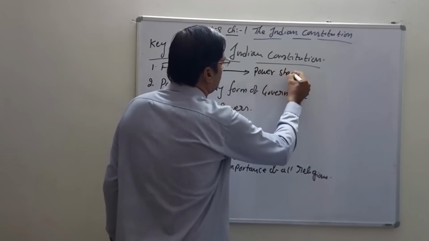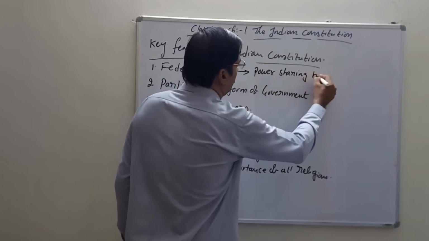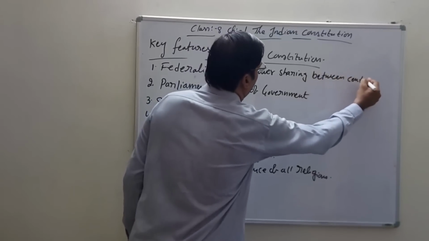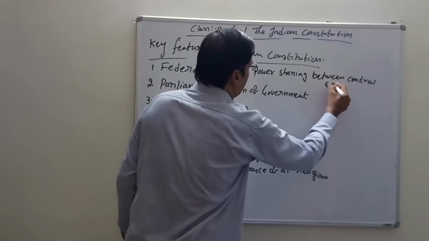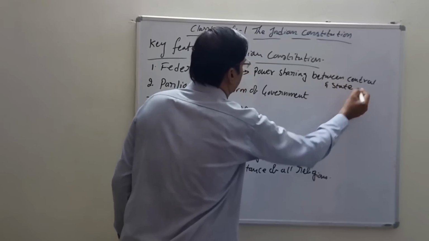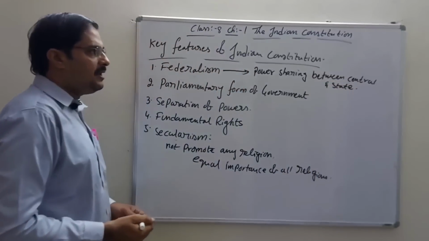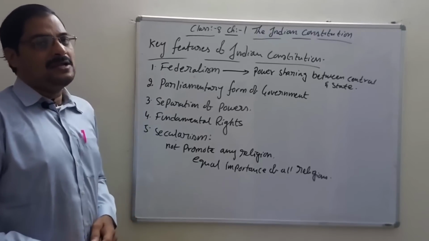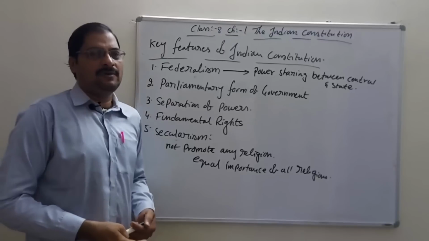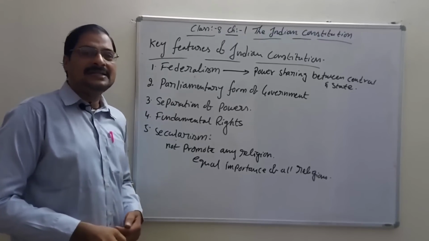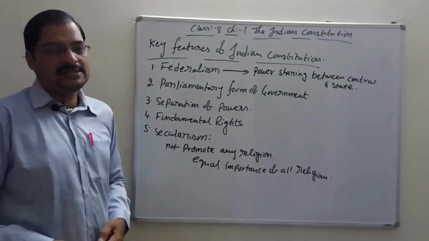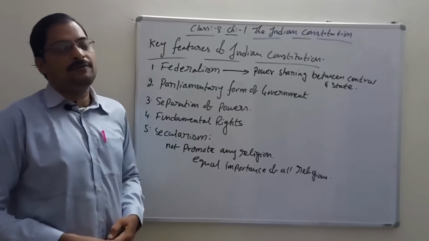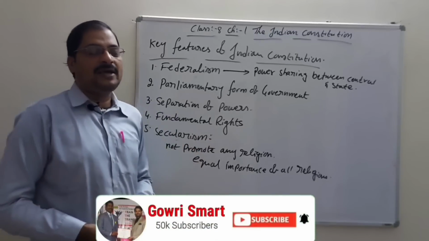Power sharing between central and state. At the central level, one kind of government is there in our country, and at the state level a different kind of government may be there. For example, the central government is BJP, while the state government of Andhra Pradesh is the YSRCP government.